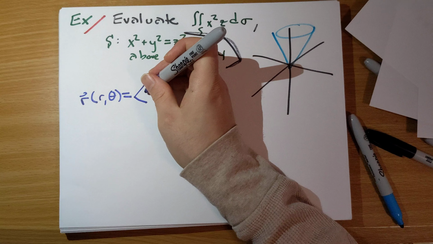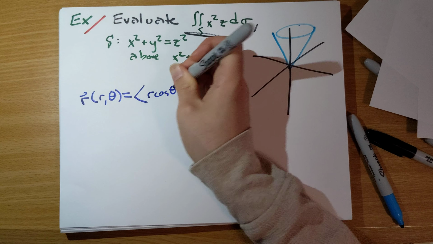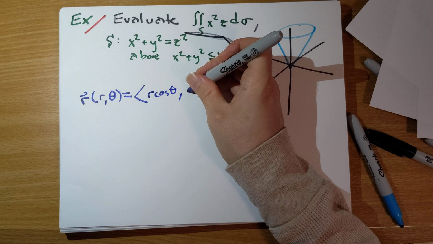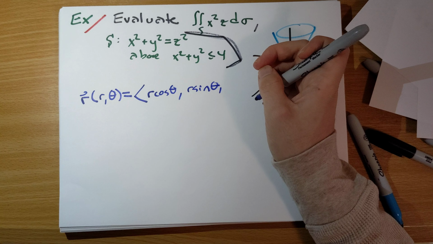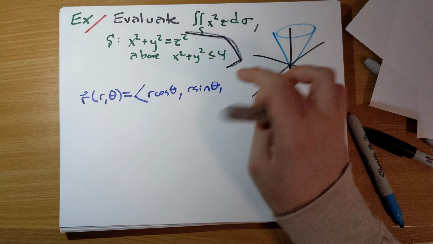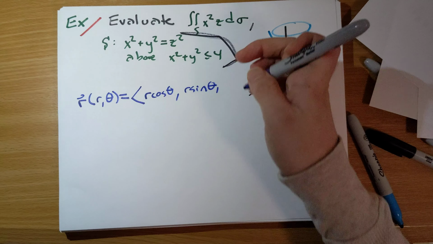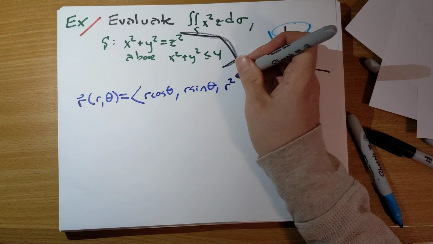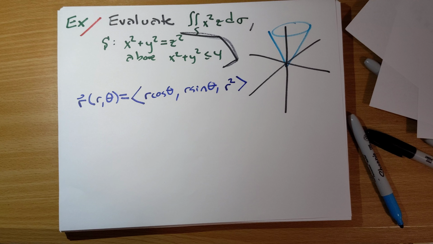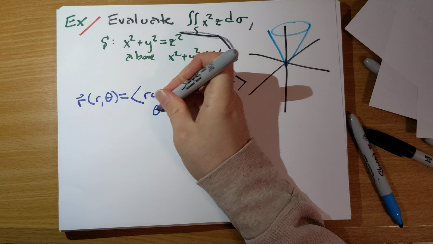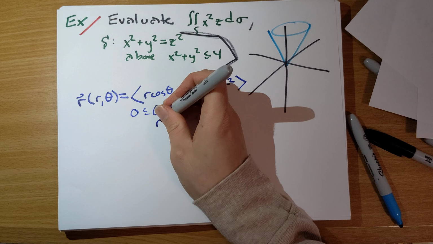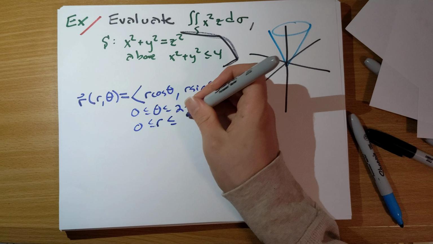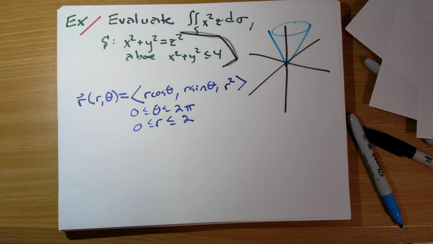And so x becomes r cosine theta, y becomes r sine theta, and then z, in terms of x squared and y squared, becomes r squared. Okay, what are the bounds here? Theta runs from 0 to 2 pi, and r runs from 0 to 2.